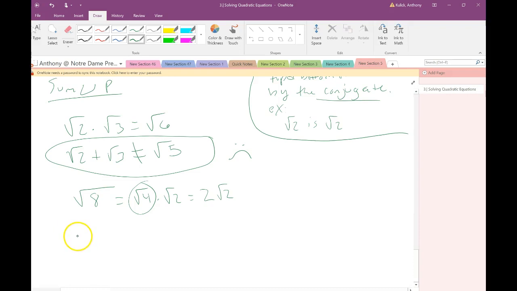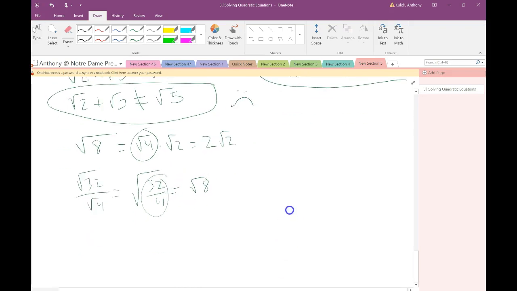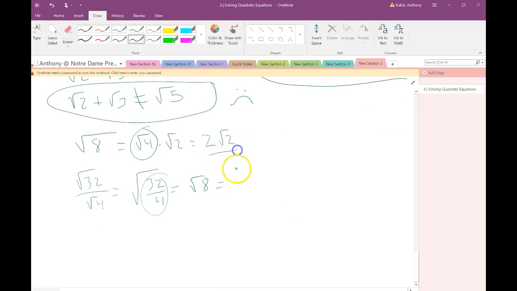And the same thing kind of goes for division. So if you have the square root of 32 divided by the square root of 4, you could write this as the square root of 32 over 4. And the advantage there is I can reduce this fraction now. It becomes the square root of 8. And we could simplify that using the same thing as there.